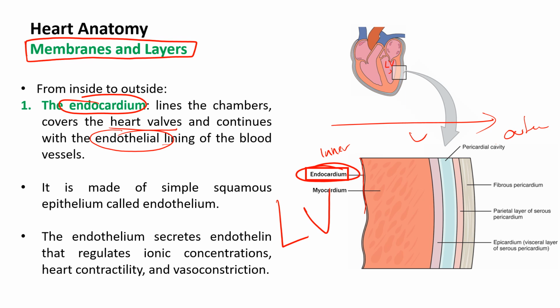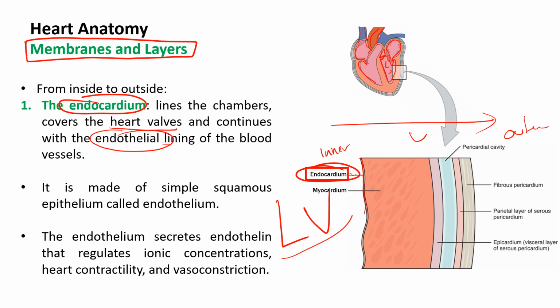So this endocardium, and I'm going to draw it here so maybe you can appreciate it better, is the innermost layer that covers all the chambers, all the valves, and even continues through the aorta, and the same applies for the superior vena cava and the right atrium. Everything internally has this endocardium.